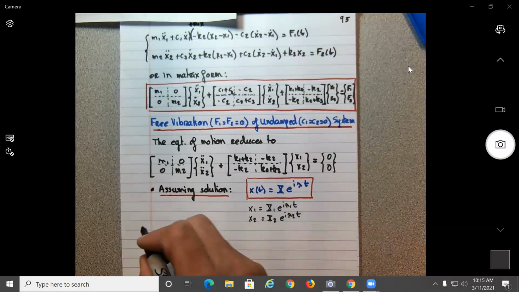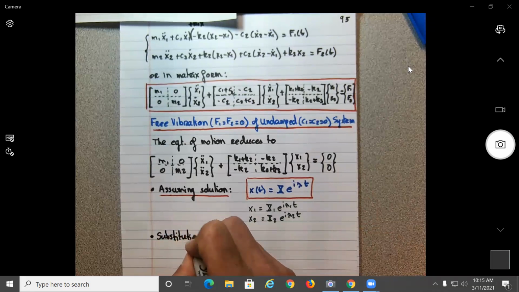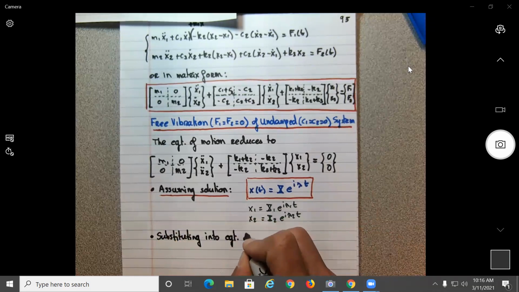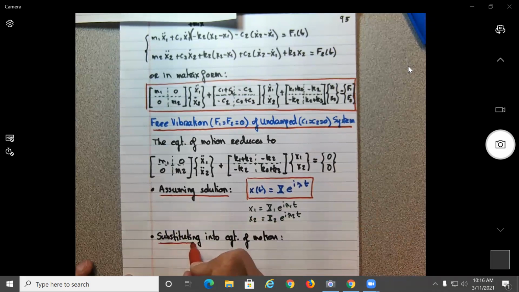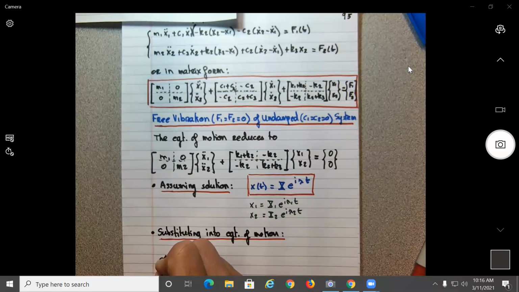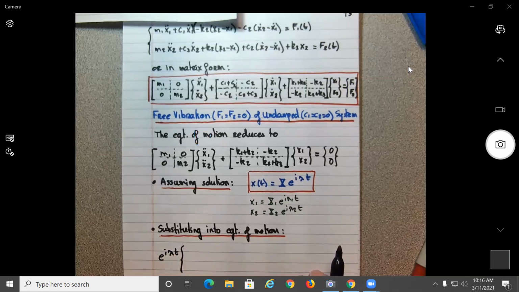So I'm just going to say over here, substituting into equation of motion. What are we going to get? We can factor by the e to the i lambda t. And here you will have, so if we need to do that in detail, we can do it.